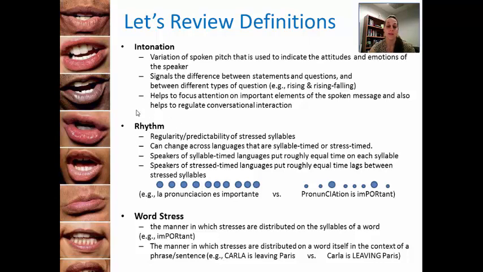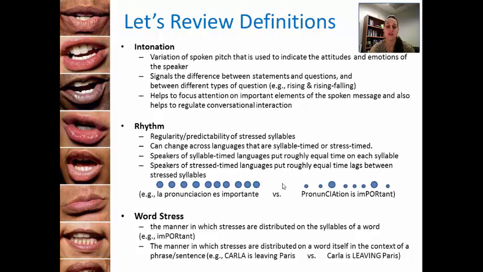Okay, rhythm is different. Rhythm is like the beat of the language. So when you think about rhythm, think about the beat. And remember that there are two types of rhythms. There is stress-timed, which is English, and there is syllable-timed, which is languages like Mandarin or Spanish. And so remember that we went over this phrase, la pronunciación es importante, in which every syllable had about the same stress.